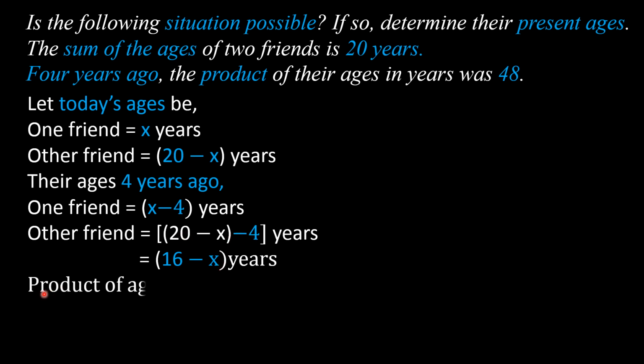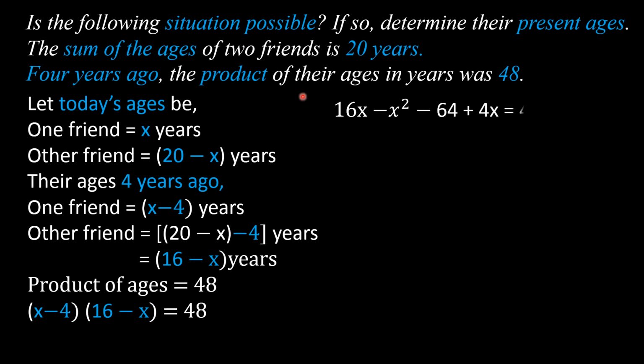Now product of their ages is given to be 48. We will take this product (x minus 4) and (16 minus x). It will give us x into 16, 16x, x into minus x squared, minus 4 multiplied by 16 will be minus 64, and minus 4 times minus x will be plus 4x, which is 48.